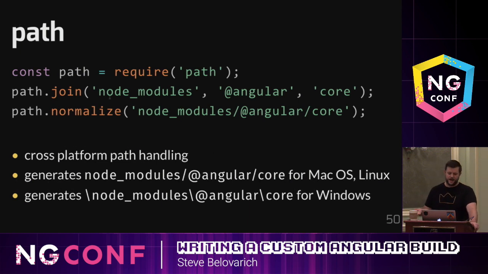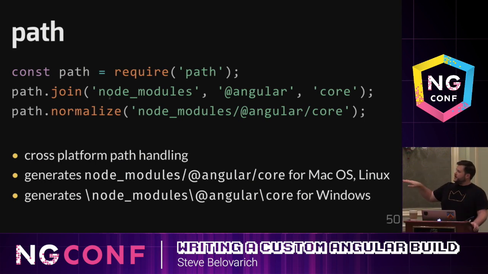We're also going to use path. So here's an example where we can require path. Then we can use methods on path, like path.join or path.normalize, and if we console log them here, they would generate these two strings at the bottom of this slide.